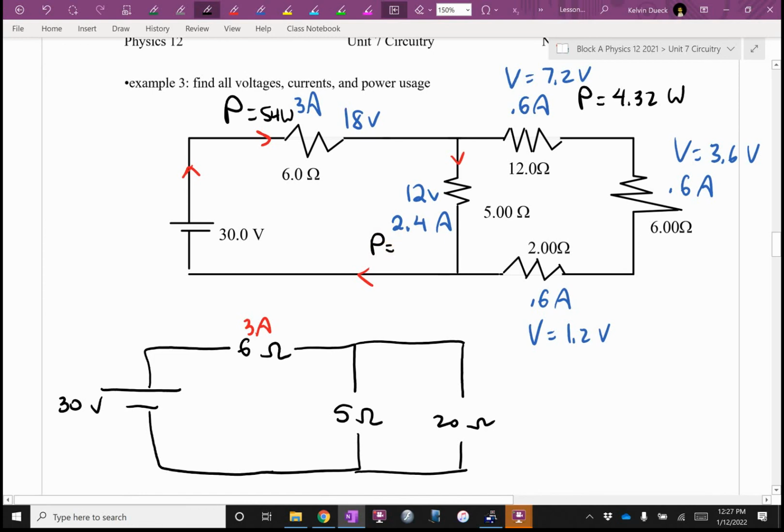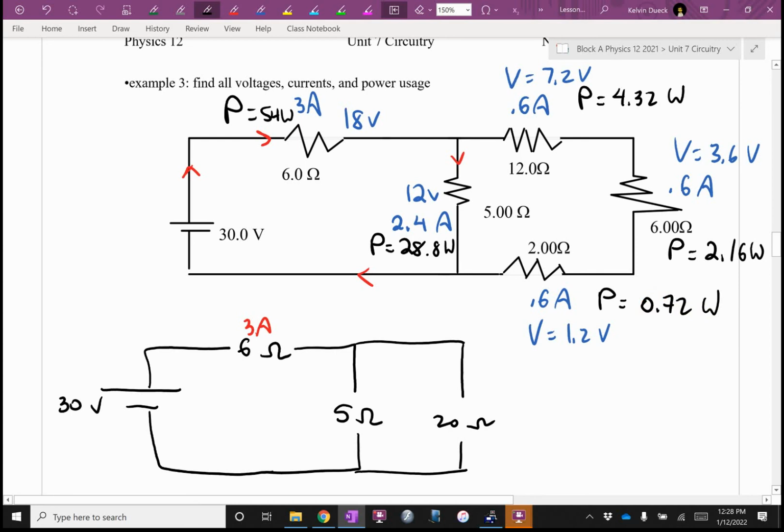Sorry? The right-hand resistor, how many watts? And the bottom resistor? Are those all right, folks?